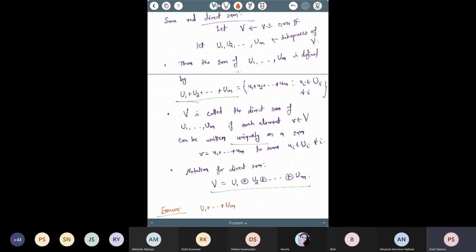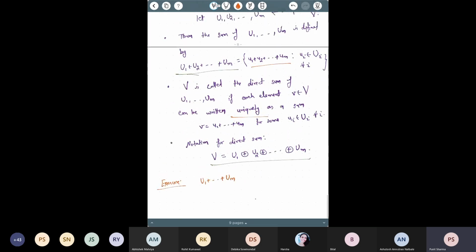I'm just saying that the sum is defined by this collection where each element in this sum is of this form where ui's belong to capital Ui. Now in the second definition, I'm saying that V is called a direct sum of these subspaces u1 to um when every vector v in V can be written uniquely as a sum of this. This is just a definition.